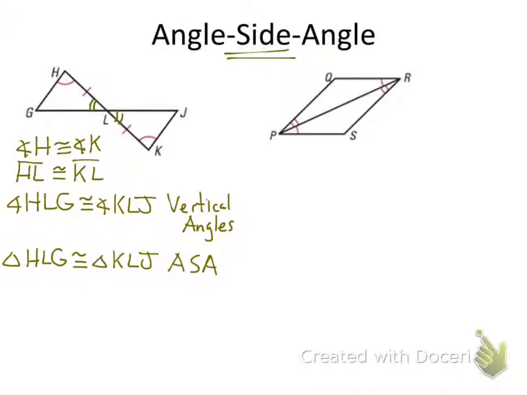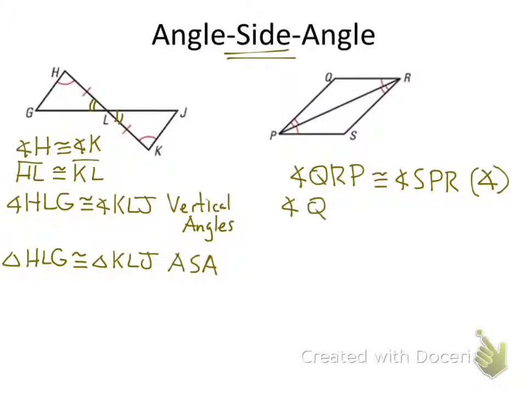Now we go to the right side, this diagram on the right. List what I know. Looking at the top triangle, I have a single marking and a double marking on the bottom. That would be angle QRP is congruent to angle SPR, and those are the single arcs. I have angle QPR is congruent to angle SRP, and that's the angle with the double markings.